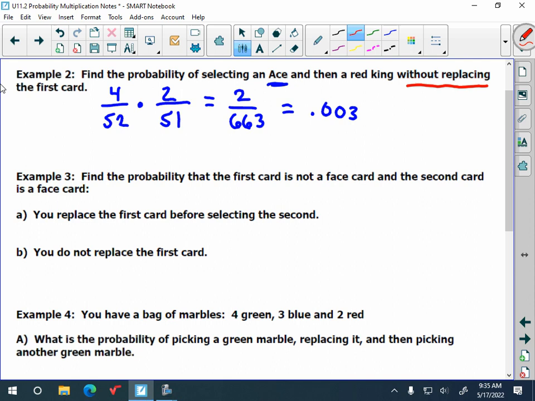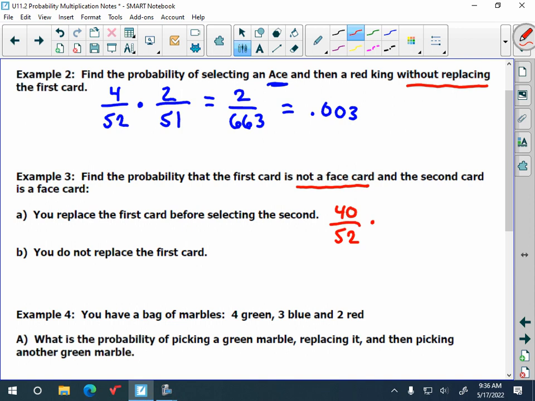All right, so the first thing we got to do is find the probability the first card is not a face card. How many face cards are there? There's 12 face cards. How many cards would not be face cards? 40, right? So it's a 40 out of 52 chance of picking a card that's not a face card.